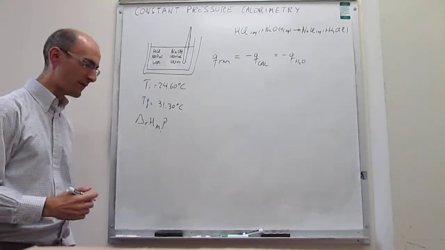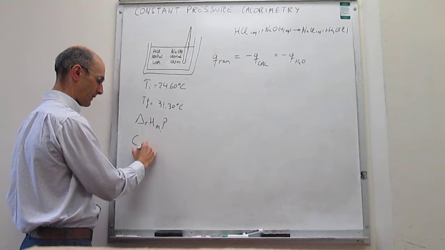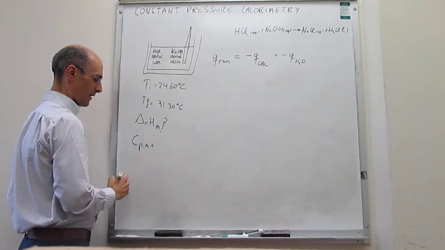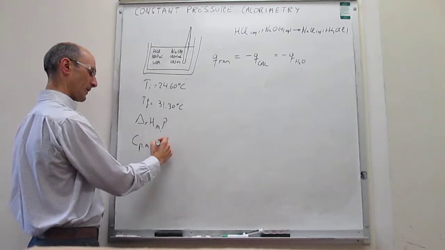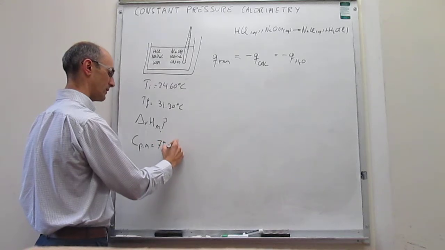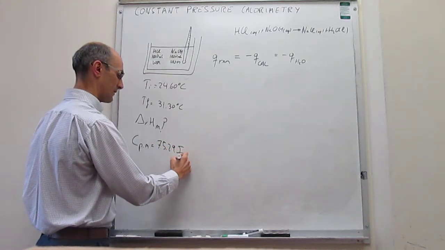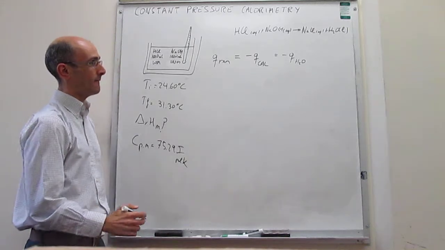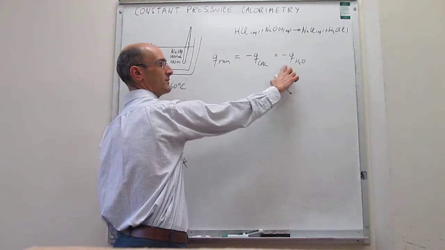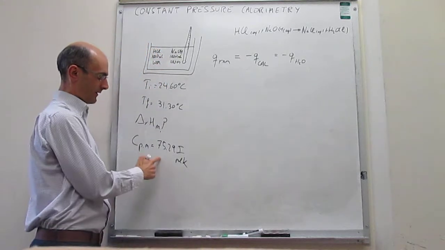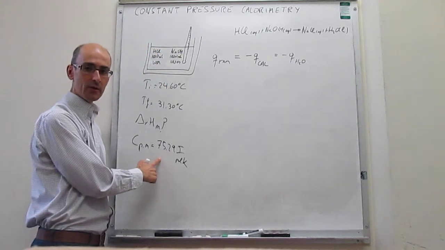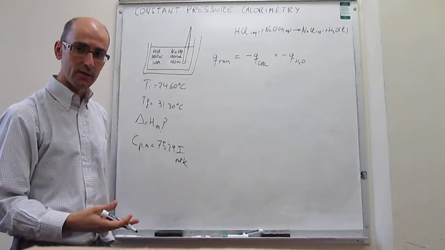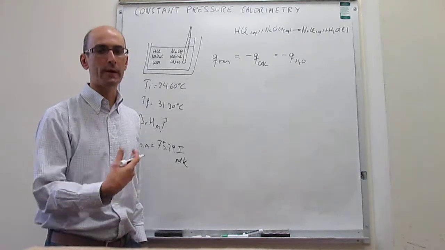Something that is provided as well is the heat capacity of water under constant pressure, which is 75.29 joules per mole Kelvin. Notice that because we have the change in temperature of the water and the heat capacity at constant pressure of water, we can determine the heat absorbed by the water.